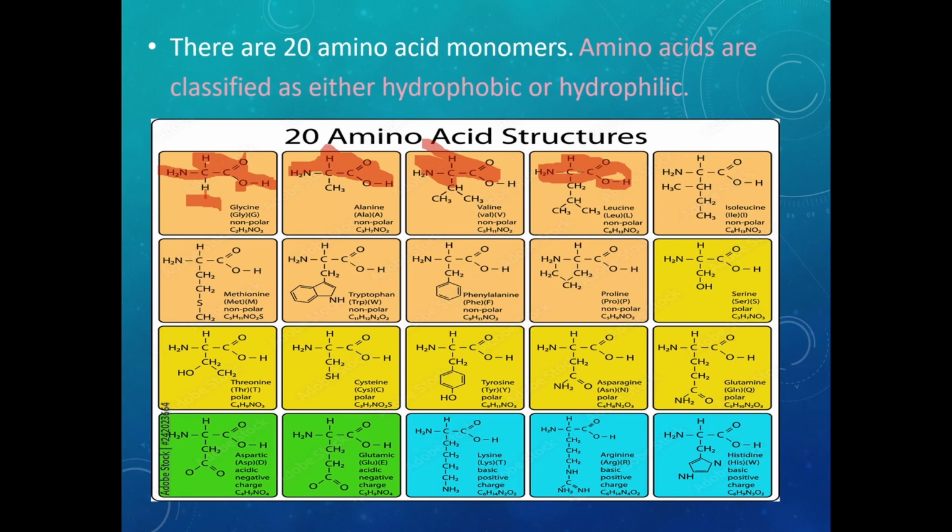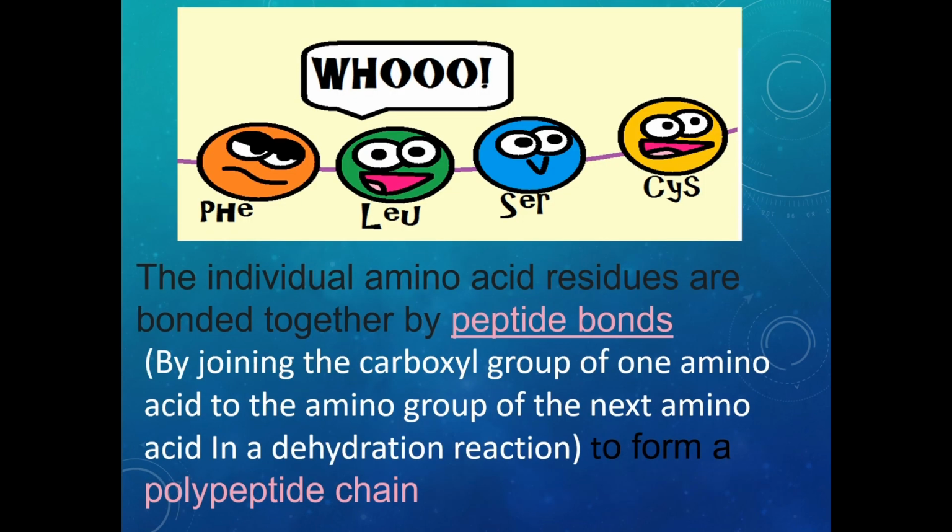Then the R is different from one to another. And because it has an amino group and a carboxyl group, it is actually either hydrophobic or hydrophilic. When the amino acids are connected together, the carboxyl group will be connected to the next amino group of the next amino acid, okay, by dehydration.